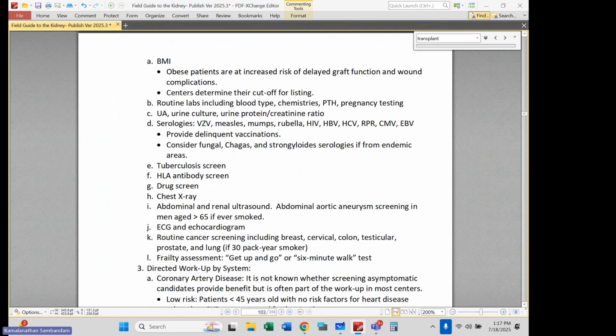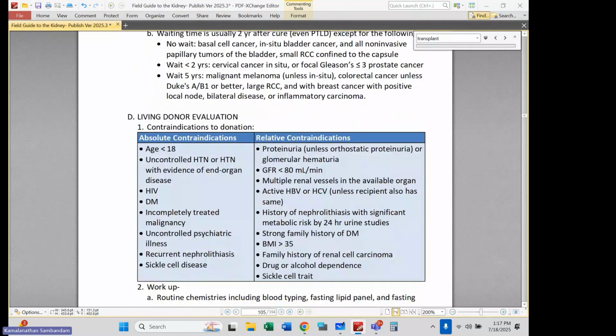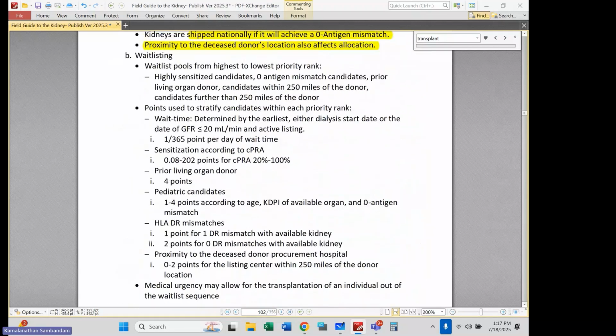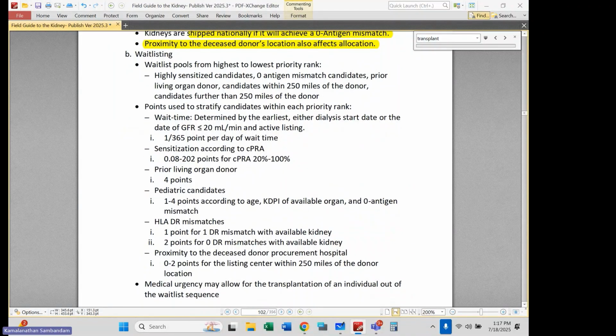If the points are equal or someone's barely higher in numbers than the person at the hospital, would they favor, given that the person's at the hospital, to give them that organ or still send it elsewhere? Yeah, here, I guess the points vary up to 0 to 2 points. Okay.